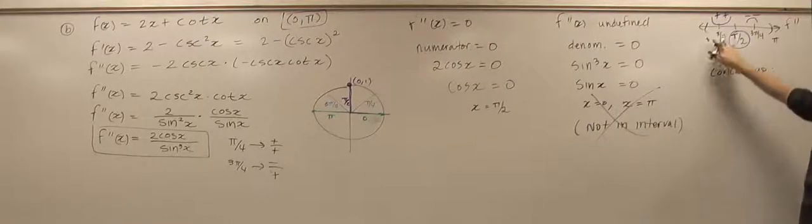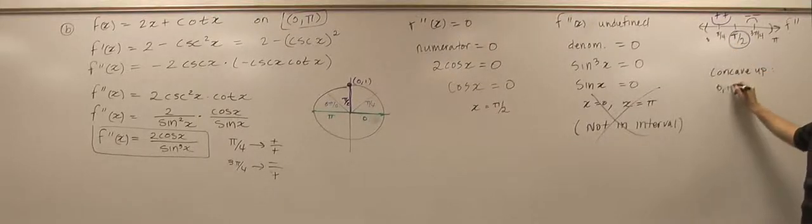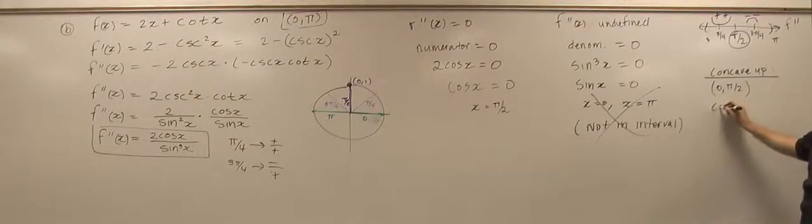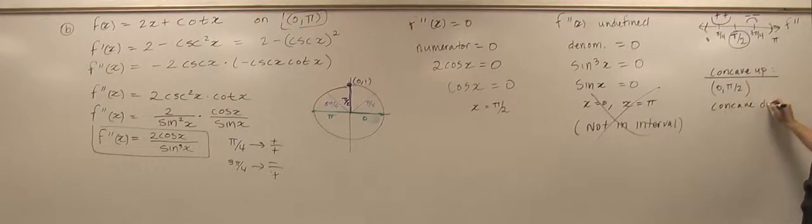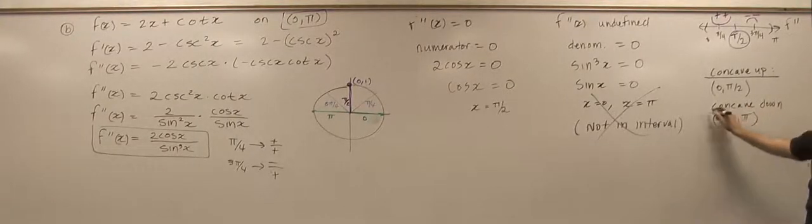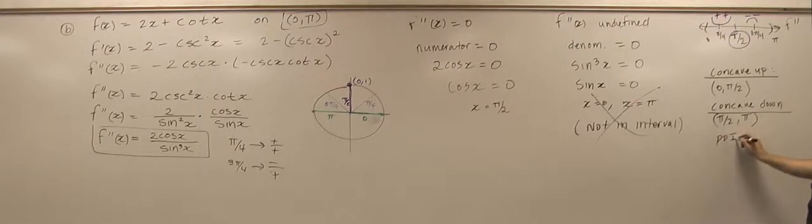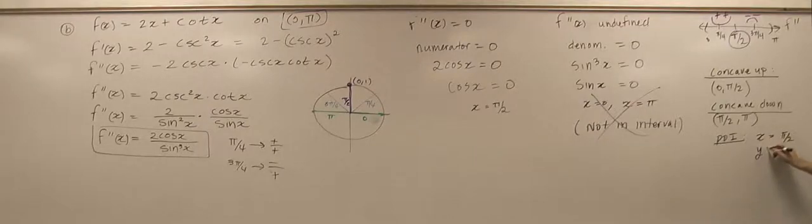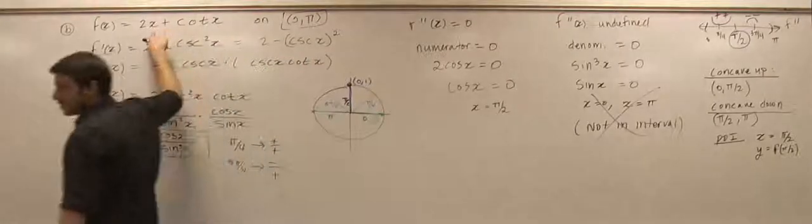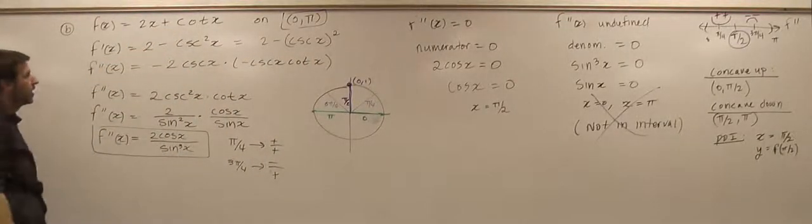So I'm concave up from 0 to pi over 2. I'm concave down from pi over 2 to pi. And I have a point of inflection when x is equal to pi over 2 and y is equal to what? So I go over here to my original. I'd have to actually plug it in.